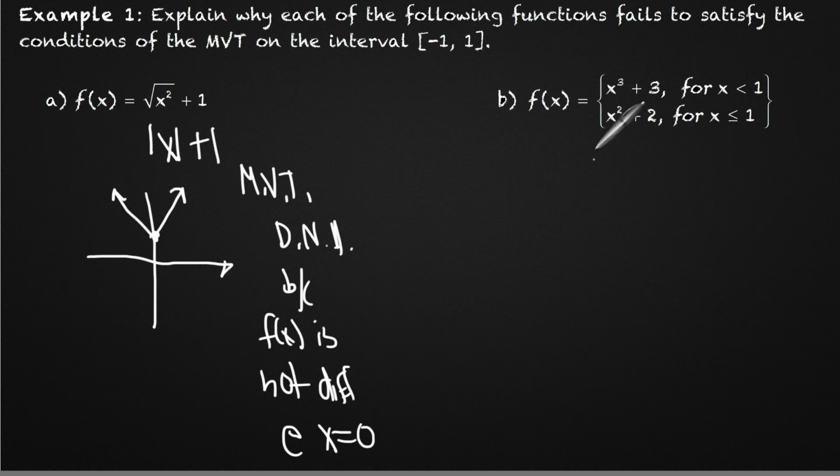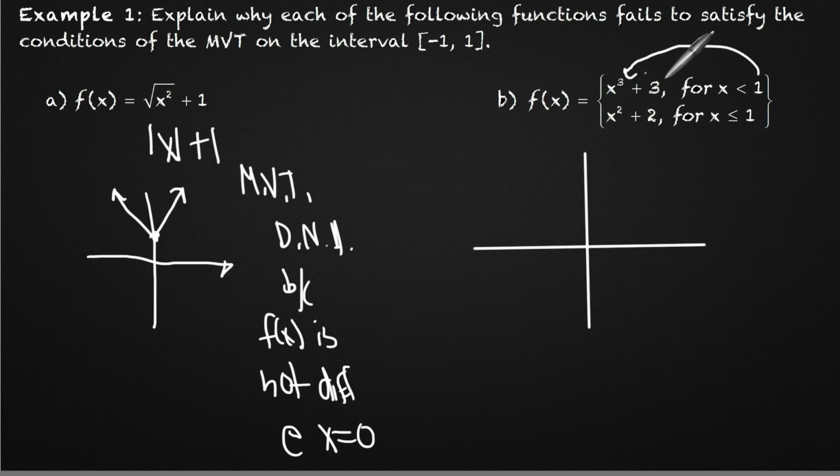All right, here we have a piecewise function. And so if we sketch this, we will see, well, if I plug in 1 into the function here, I'll get 1 comma 4. If I plug in 1 here, I'll get 1 comma 3. And so this should actually say greater than or equal to 1. So that's a little typo there. So this is a cubing function. And so it's going to look a little bit like this, open circle.